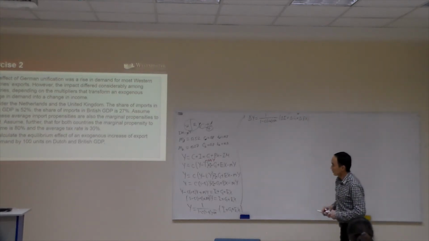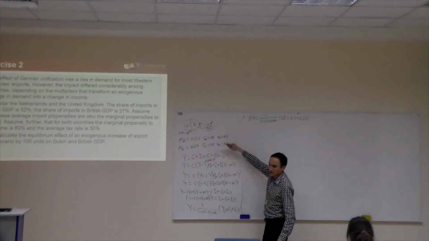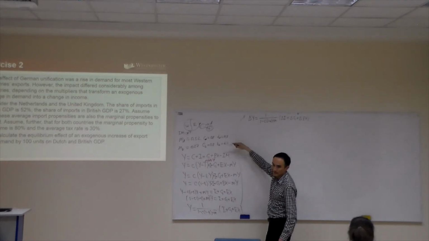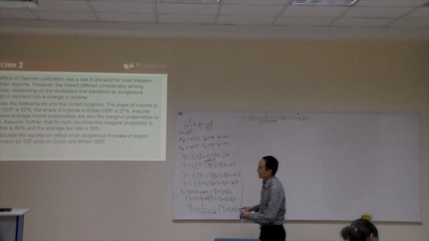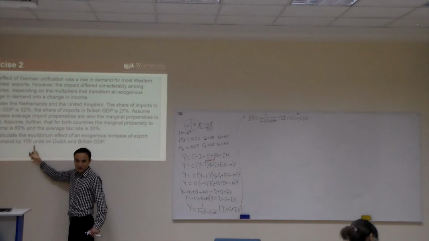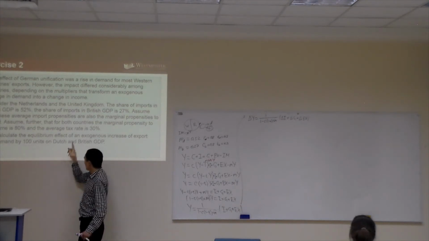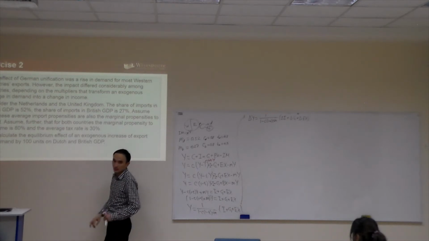Right? Which means that this equation is applicable for both economies, for the Dutch economy and the British economy. So now we can consider how the 100 units increase in Dutch and British export affects the GDP.